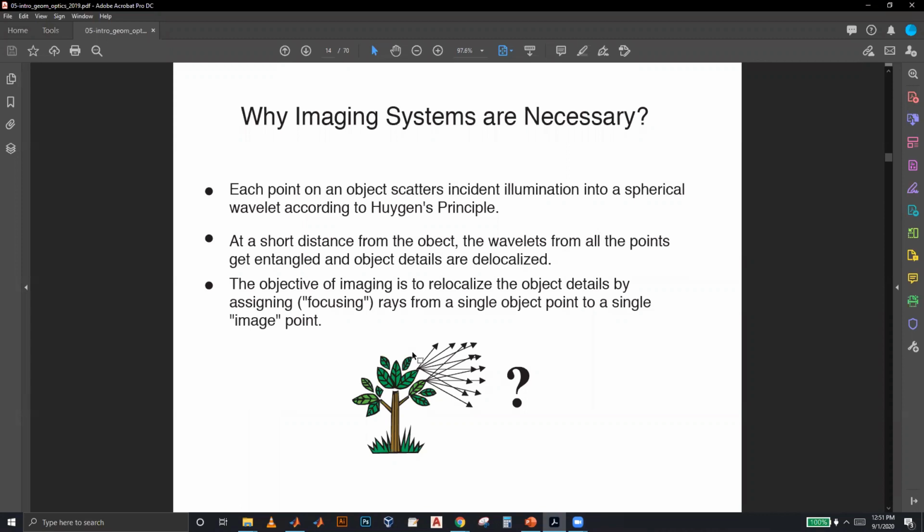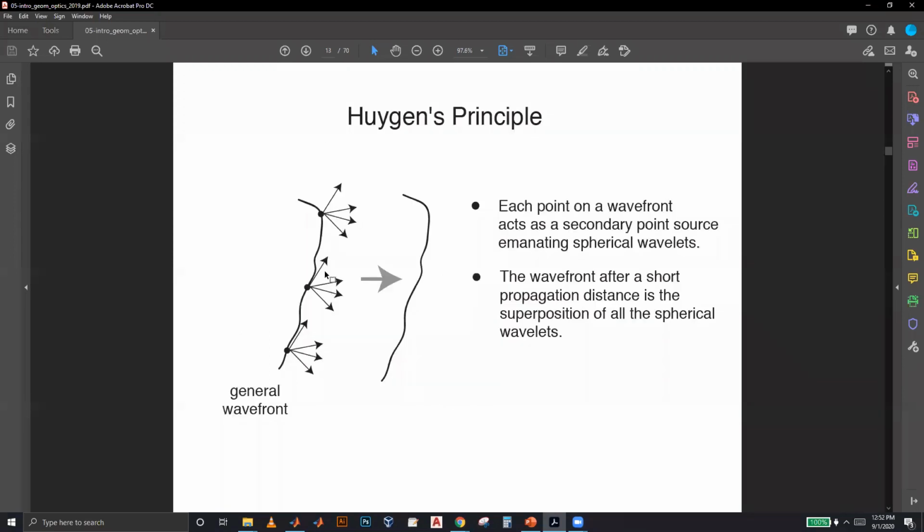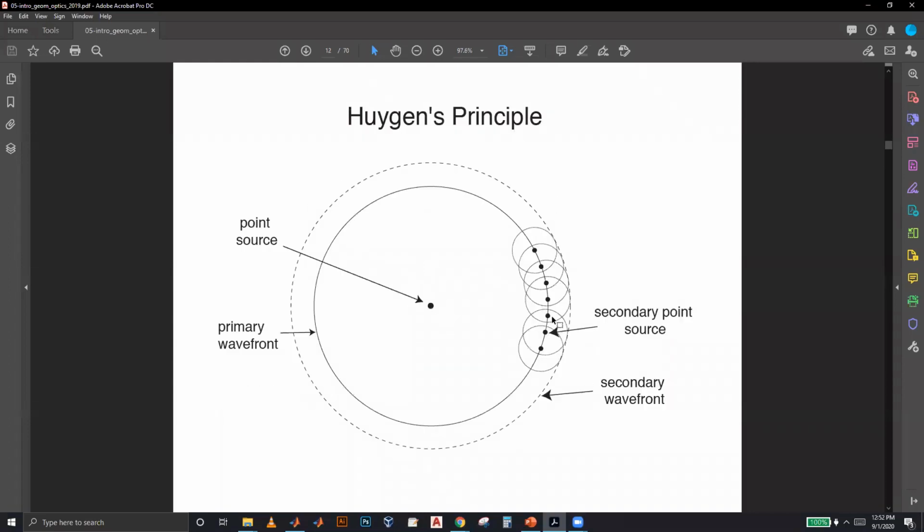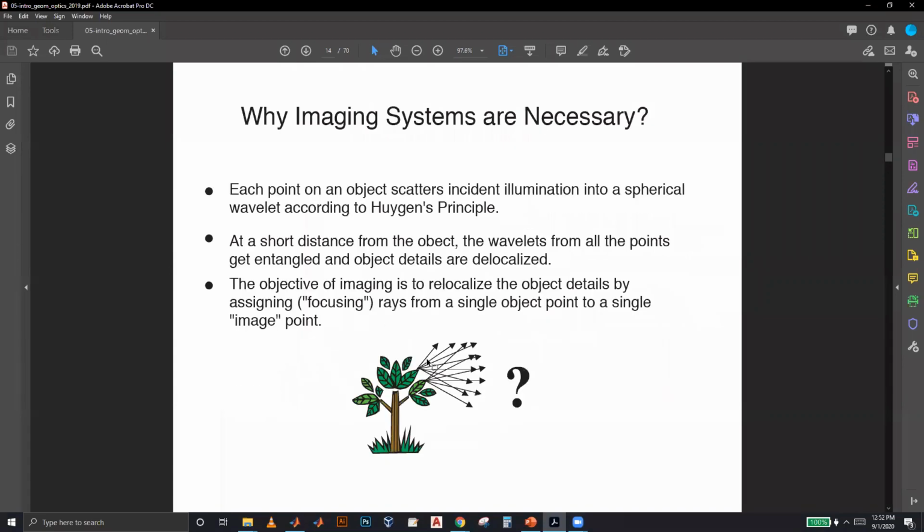Once light scatters off different points on an object, it is going to create all these different small wavelets, which basically go out in space. Now, the information regarding the object, the visual information, is being carried by these wavelets, but in space, they get all jumbled up.